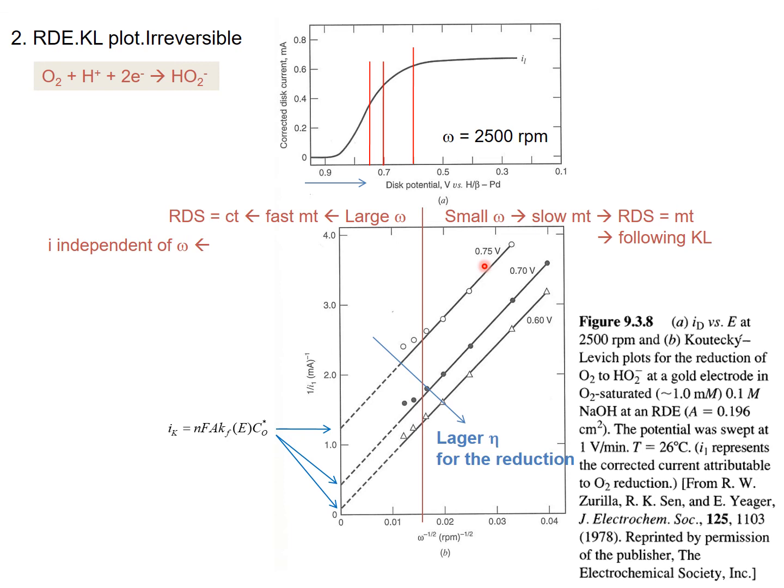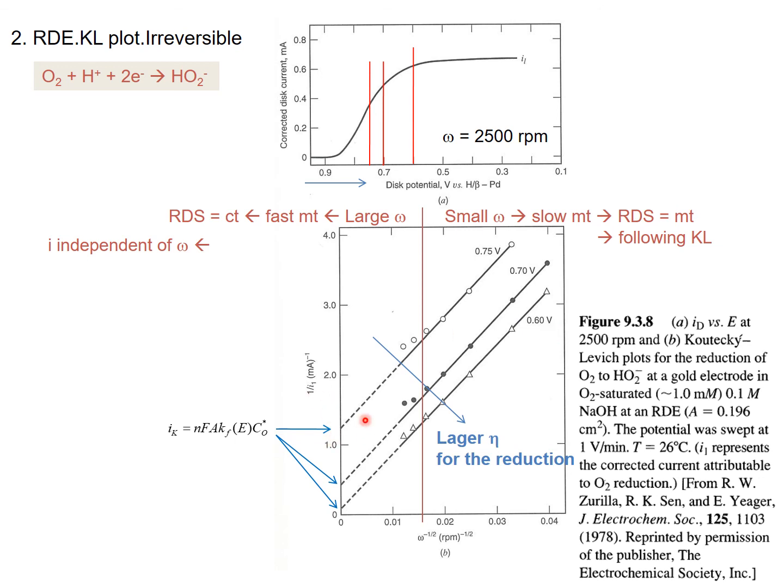From the data at various rotating speeds, I could set up the other Koutecký-Levich plot here. And in this case, the Koutecký-Levich plot at 0.75 volt has the same slope as the 0.60 volt case.